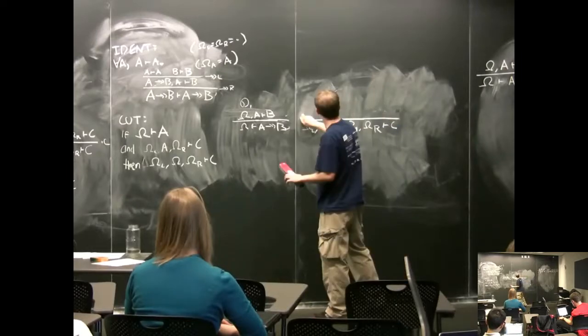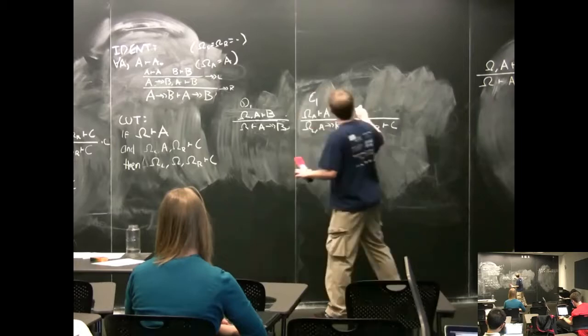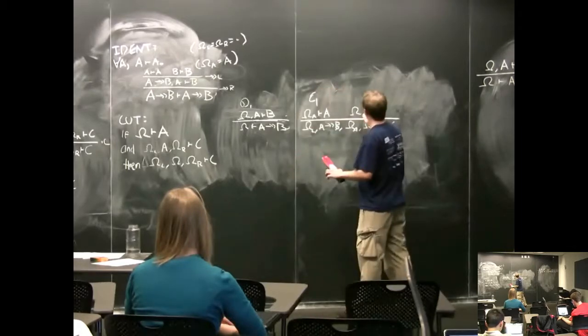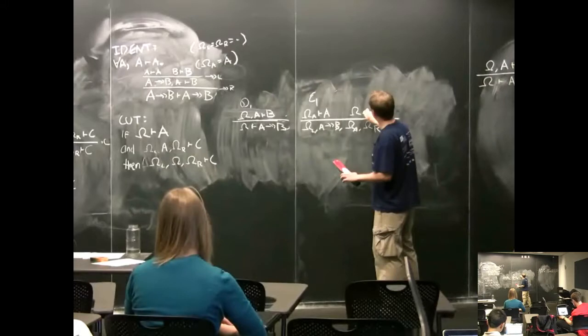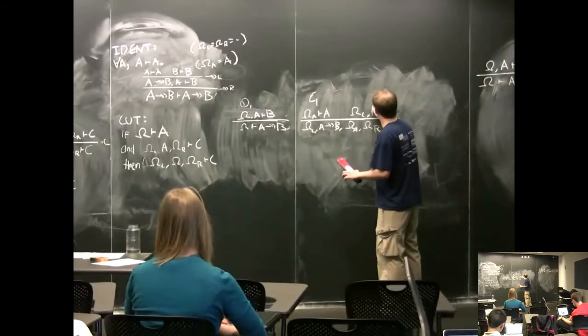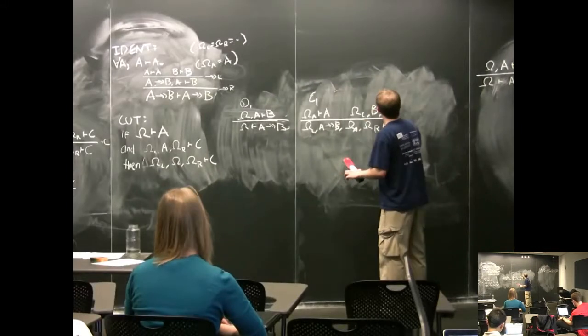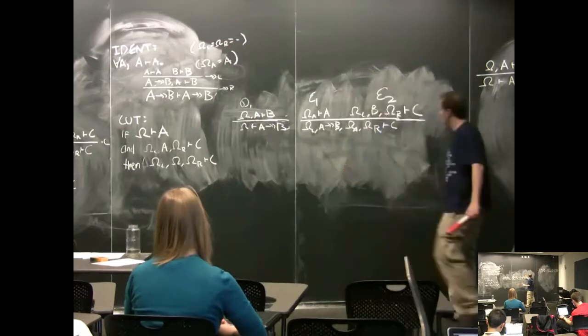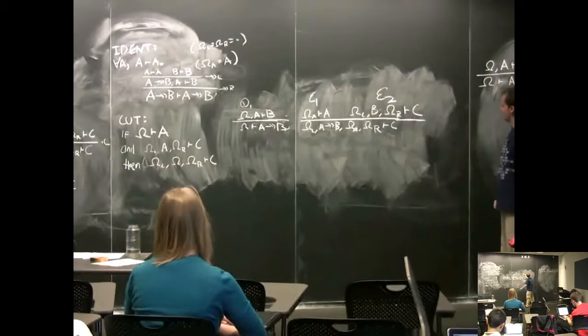And now I've got omega A proves A, and that's E1. And I've got omega left, B, omega right proves C, and that's E2.